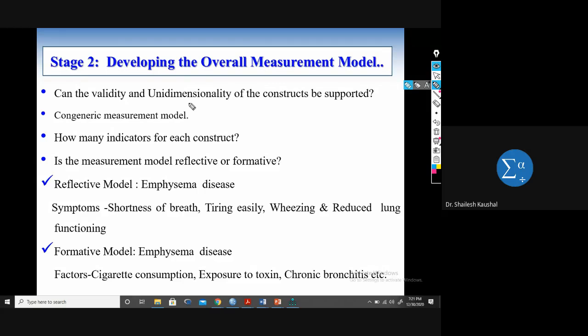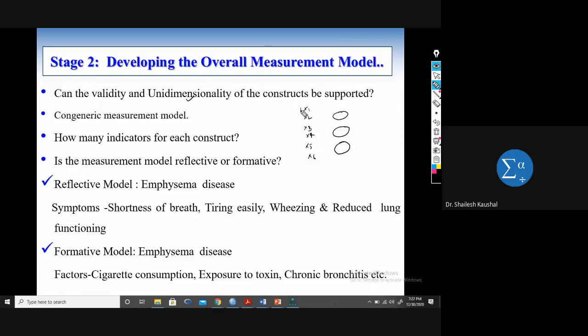The first is unidimensionality. Unidimensionality means this is my construct 1, 2, and 3, and these are the variables, meaning questions: x3, x4, x5, x6.